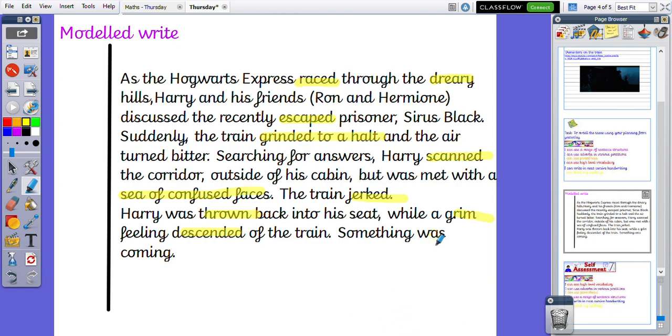Okay, grim means like a serious feeling or something quite gloomy or worrying or something like that. Okay, so that's why I've used the word grim. So next to all of these I could put a V. It's very hard to write on a laptop like this. Okay, so I could put a V for my vocabulary next to them.